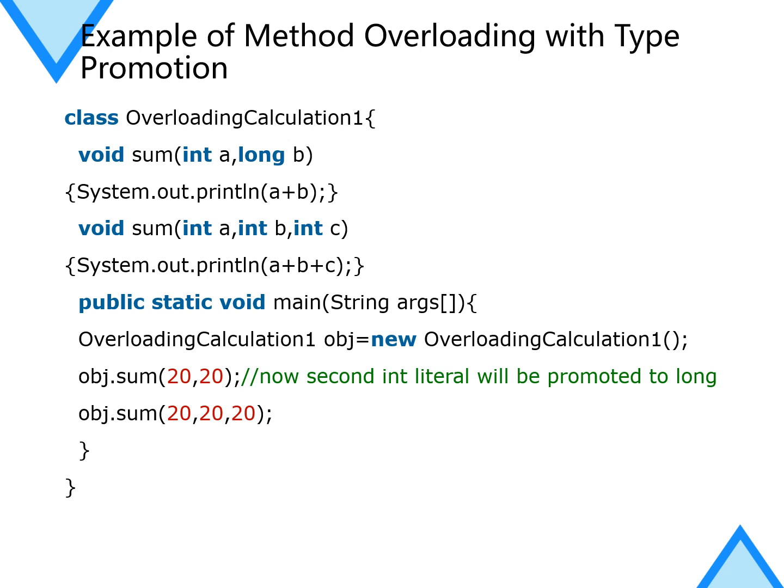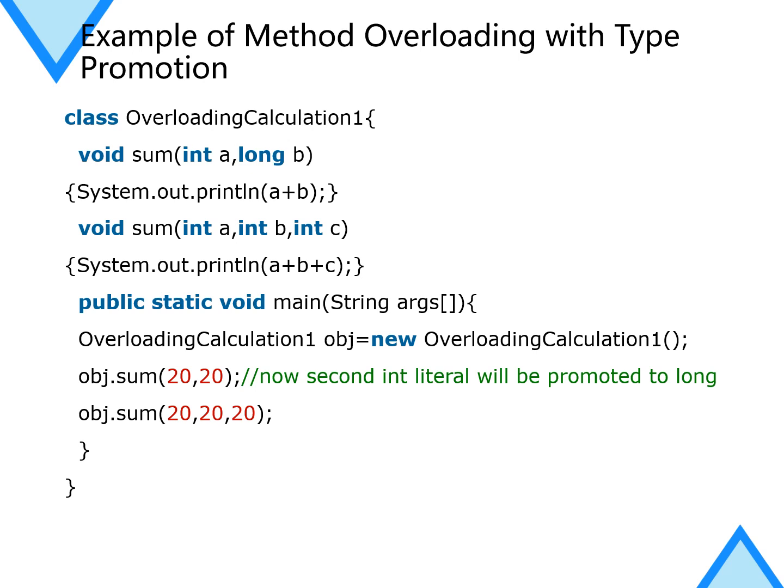We have the same method, but here we are overloading the method, and the second implementation of the method has three parameters. All three parameters are of integer type, and they are returning the addition of the three integer numbers. We have another method which is the main method, and here we are creating an object of the OverloadingCalculation1 class.